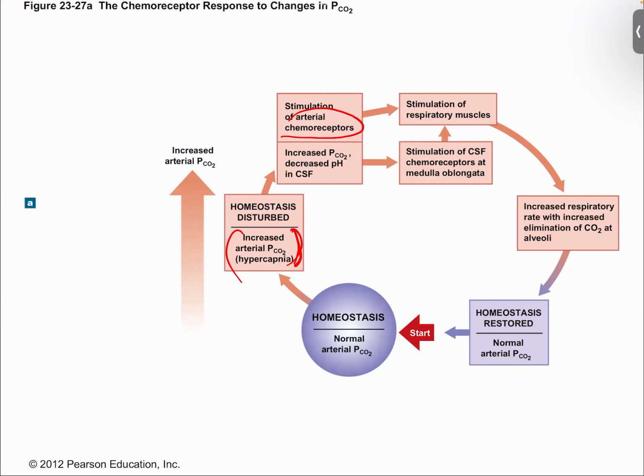It's also going to decrease your pH in your CSF, which is going to stimulate your CSF chemoreceptors, the central chemoreceptors. The arterial chemoreceptors are going to ultimately stimulate the respiratory muscles, which will increase your respiratory rate, and that will breathe out your CO2, and you'll get yourself back down to homeostatic norm.